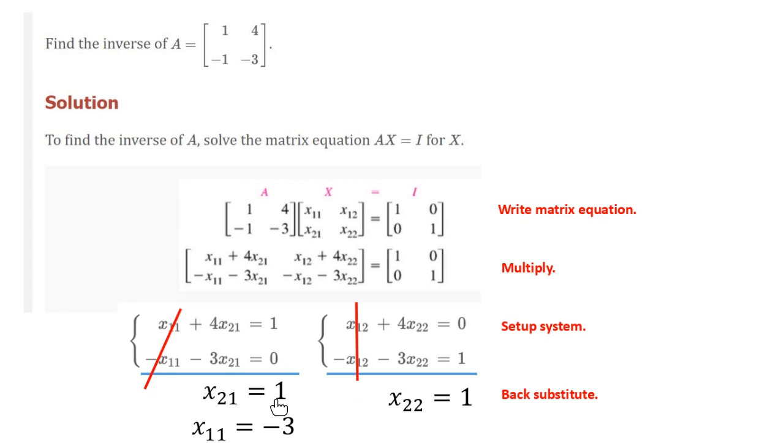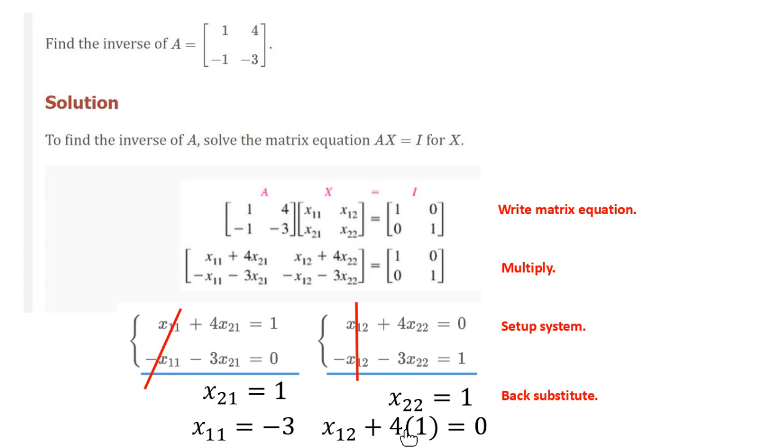So now I know these two elements in the matrix, and I do the same thing with this right side. They're both, one is positive, one's negative, so I can just add them together to give me 0. And then 4 plus negative 3 will give me 1, and 0 plus 1 is going to give me 1.